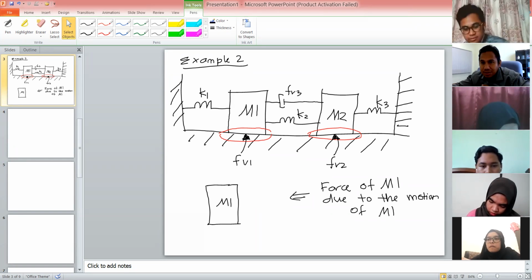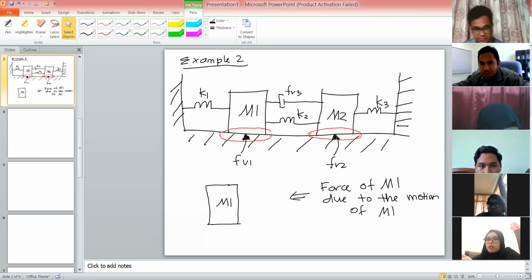We have K1, K2, FV3, and then FV1, and the force with its mass. Okay, 1, 2, 3, 4, 5 in total. This is the force of M1 due to the motion of M1.